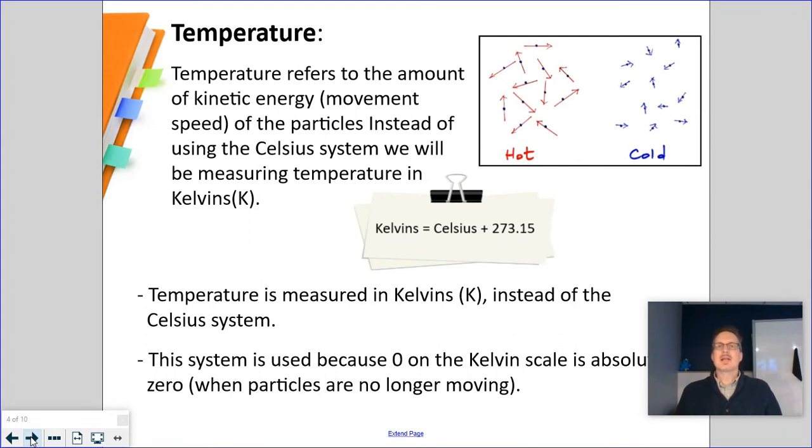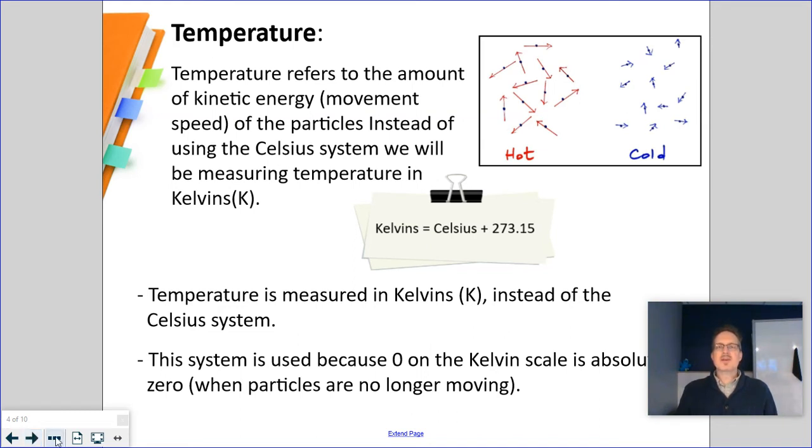Okay, looking at temperature for a second. Remember, temperature is almost, if you want to think of it as, a measure of how fast the particles are moving. So if it's hot, those particles are going to be moving very, very fast. If it's cold, those particles are still going to be moving, but much, much slower.